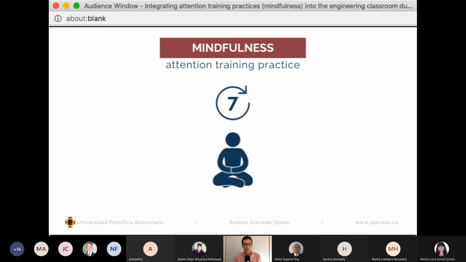And now gradually pay attention to the process of breathing. Notice where in your body you feel the breath more easily. It can be at the tip of the nose or in the movement of the chest or abdomen.